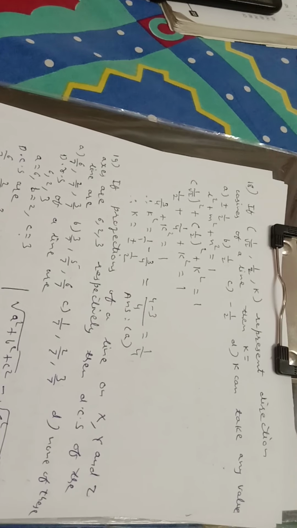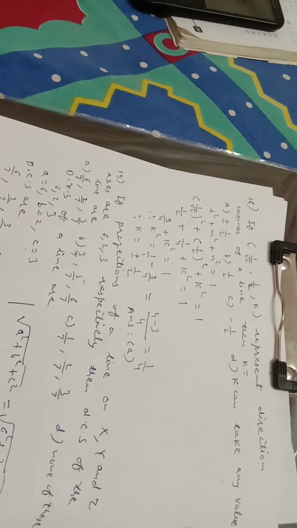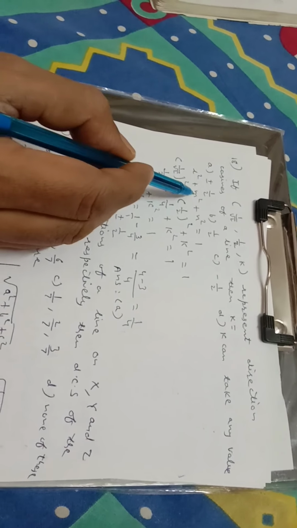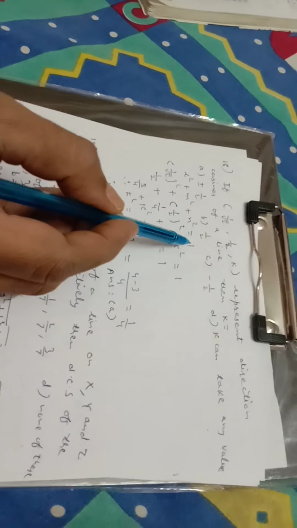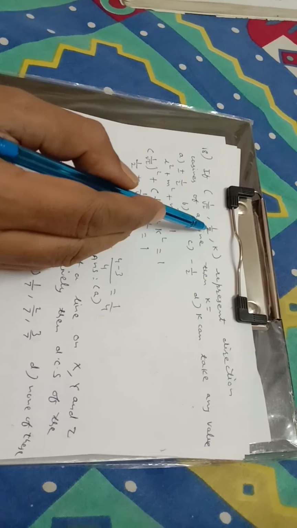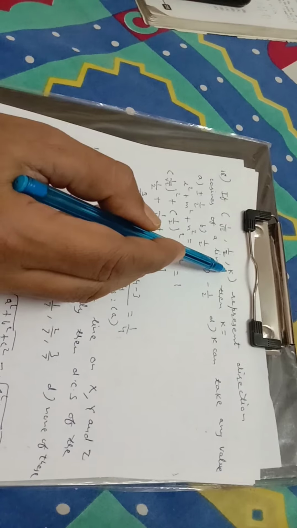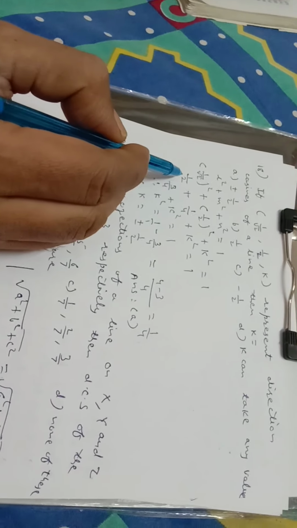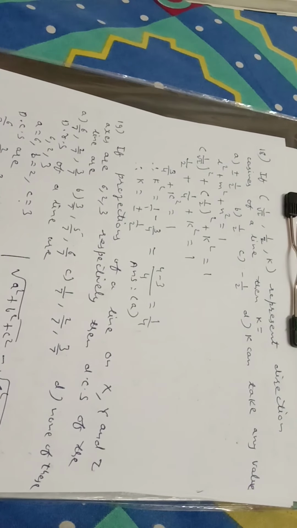We have to find its value, and to find the value of one unknown, we require one equation. Now for direction cosines, we know the sum of squares of direction cosines equals 1. So l is 1 by root 2, m is 1 by 2, n is k. Put those values here. Square of a ratio means square of numerator divided by square of denominator.